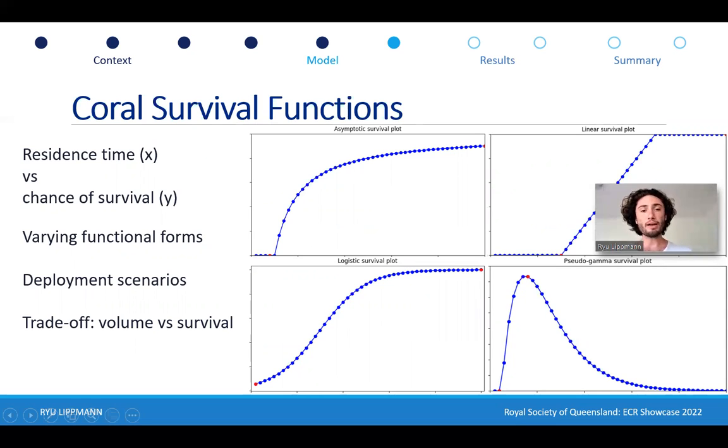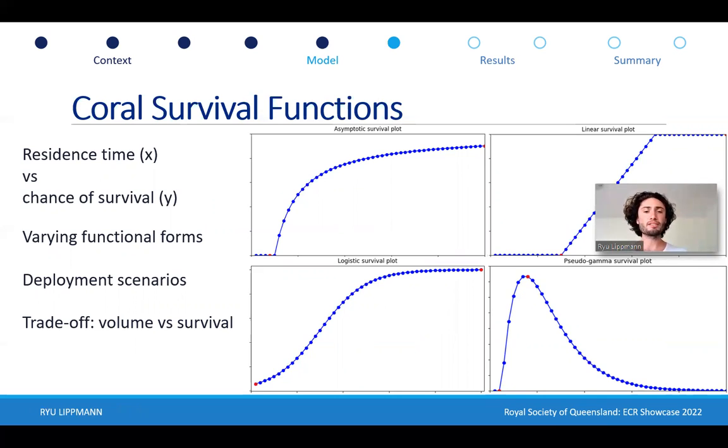We don't know how the coral will behave based on their residence time, and we explore 4 different forms. 3 of these forms are increasing over the residence time, and one here in the bottom right is a gamma curve, which represents coral that become domesticated and then reliant on lab conditions and past a certain point survive less in the wild.